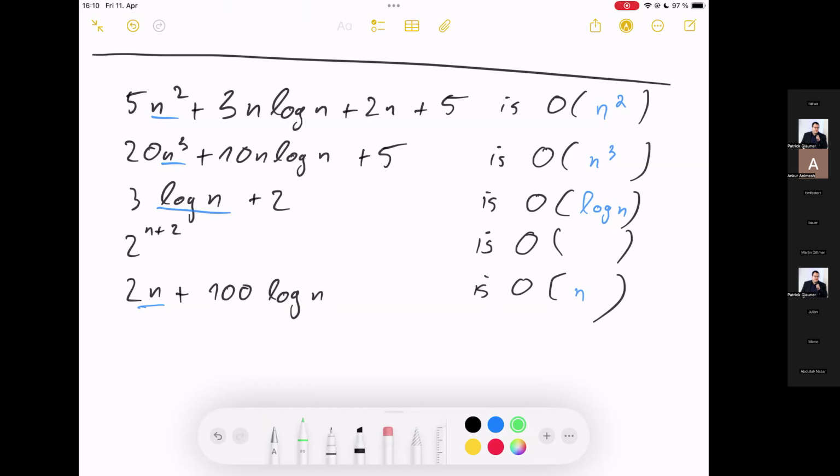Because you just ignore the constant, which is plus 2, since it doesn't impact as much as 2 to the power of n. Yes, ideally, you wouldn't just ignore the constant, but you can write it out. So it's 2 to the power of 2 times 2 to the power of n. That is the constant, and you can ignore it. So it's O of 2 to the n. Perfect.